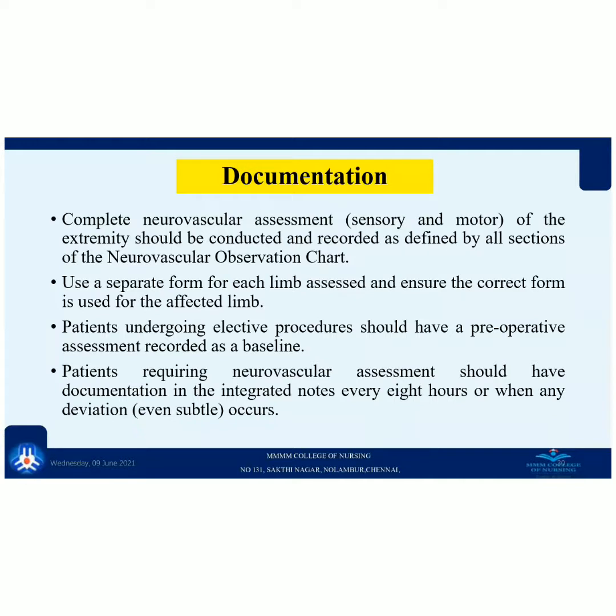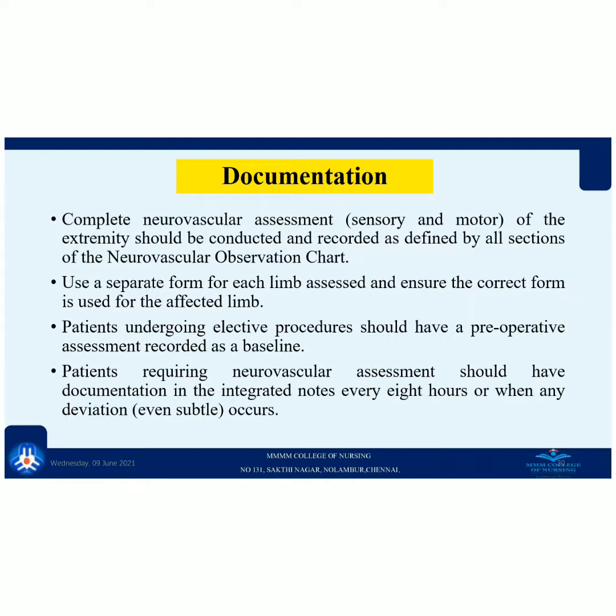After making an assessment of all the parameters, we need to carefully document the patient's findings in the chart. So the neurovascular assessment of the extremity has to be recorded as defined by all sections of the neurovascular observation chart. Each hospital has a different type of neurovascular observation chart.